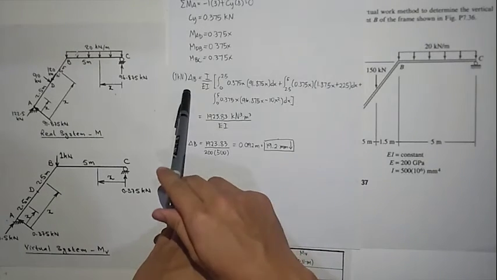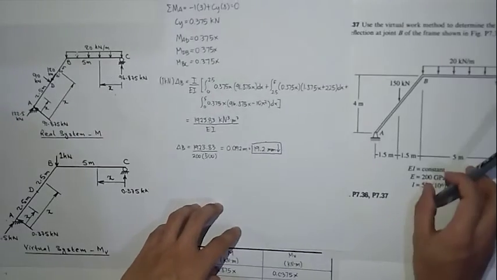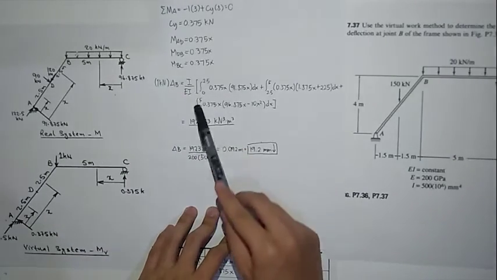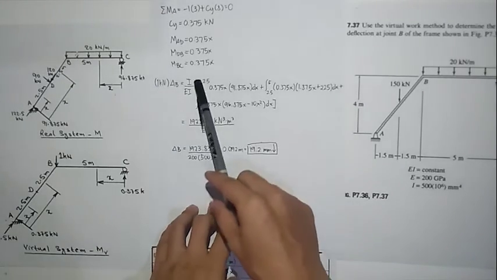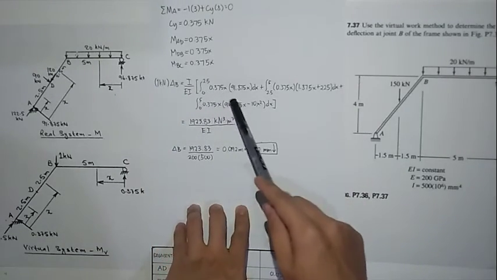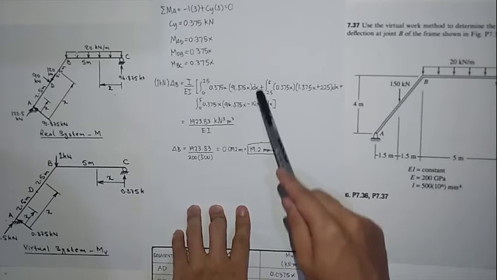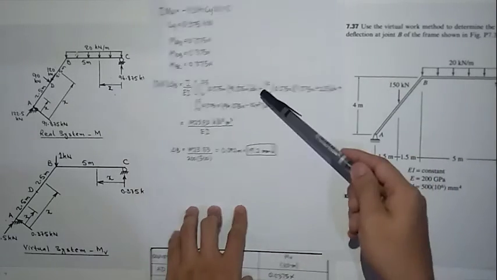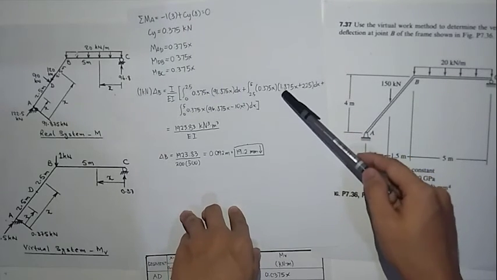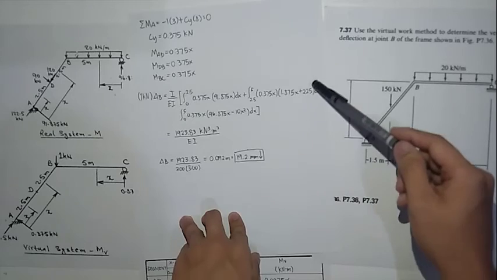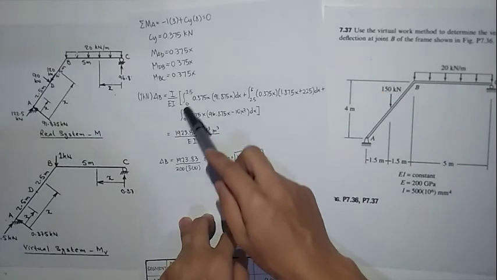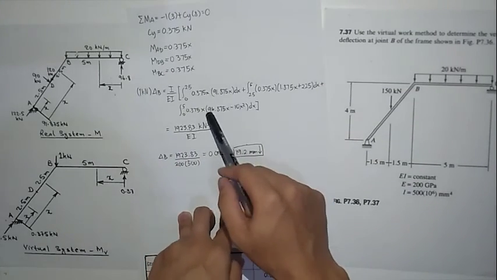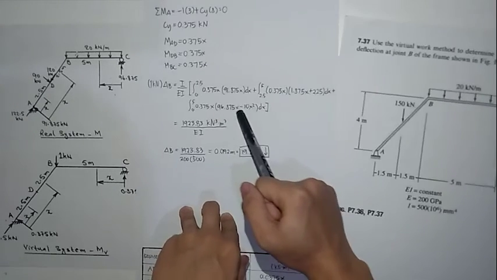So, susunod po ay isosolve na po natin ang deflection at joint B. 1 kN times delta B is equals to 1 over EI, the integration from 0 to 2.5 of 0.375x times 91.875x dx, plus the integration of 2.5 to 5 of 0.375x times 1.875x plus 225 dx, plus integration of 0 to 5 of 0.375x times 96.875x minus 10x squared dx.